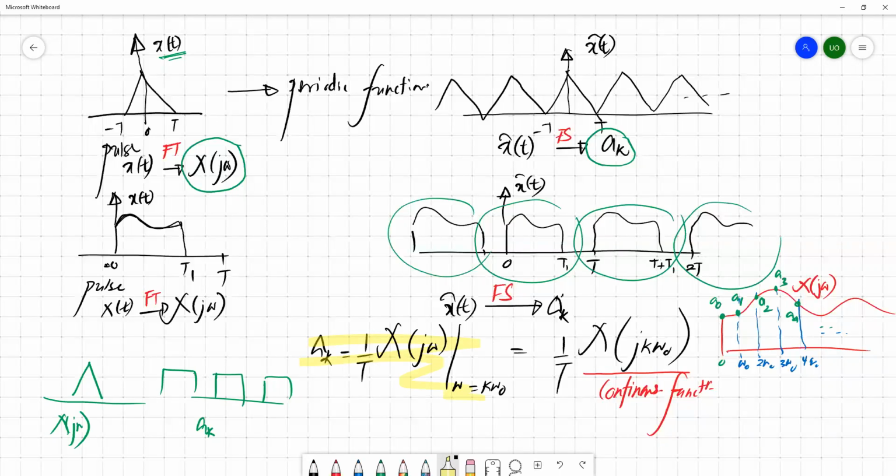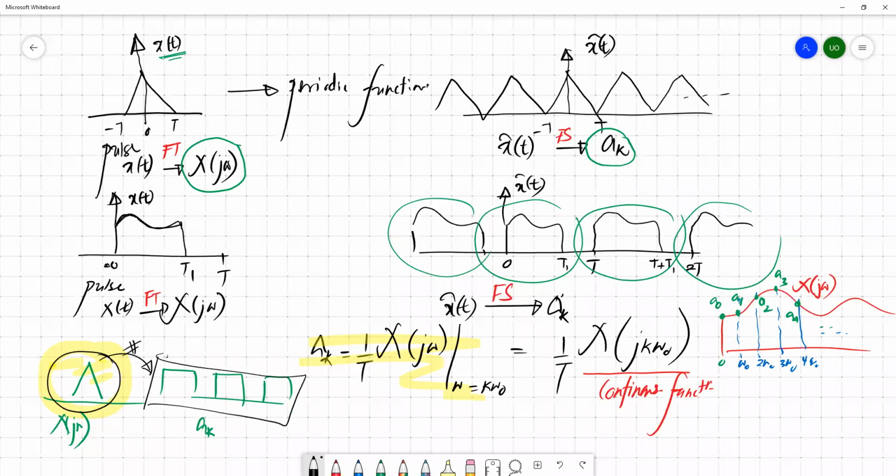So our argument is, if you want to evaluate the Fourier series coefficients of a given periodic function, this periodic function should be generated by this. Otherwise, you can't apply this equation. You can get the Fourier series coefficients by applying different Fourier series properties, but you cannot get them this way if the periodic function is not generated from this basic pulse.